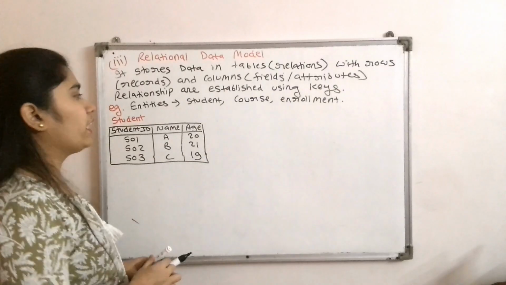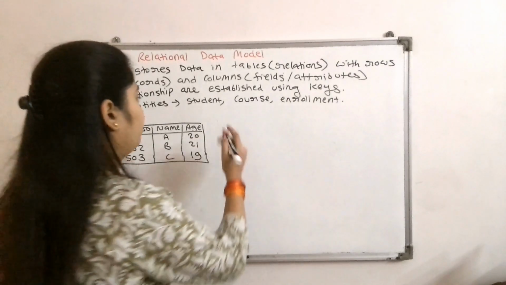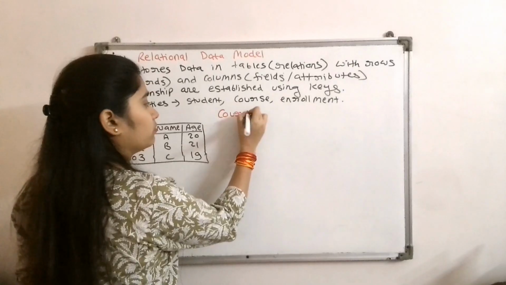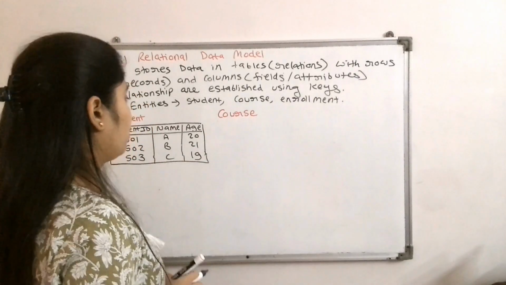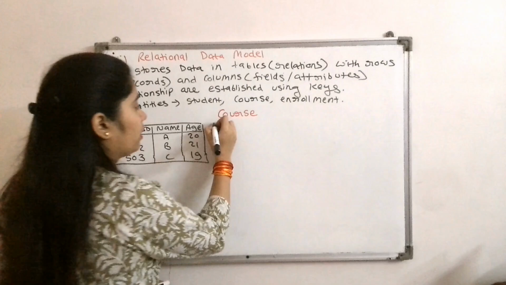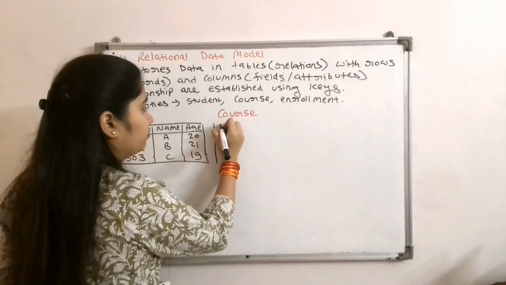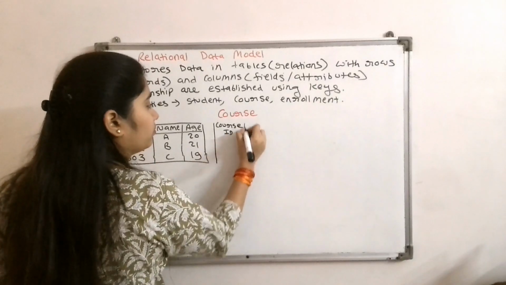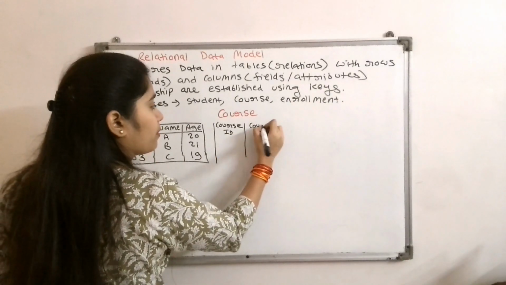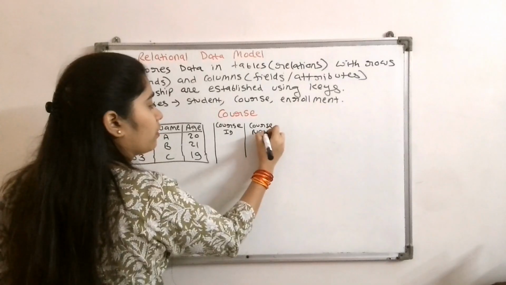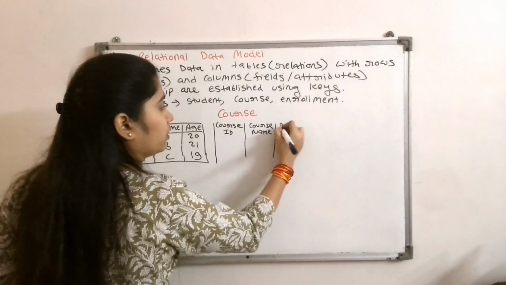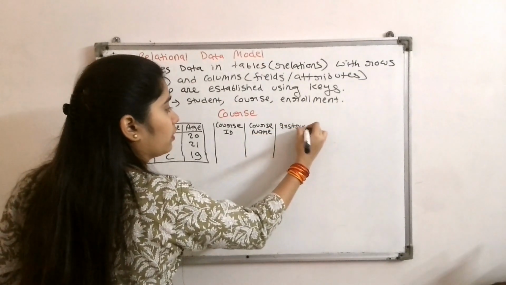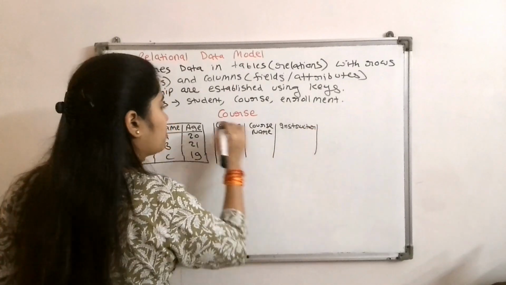Now we will make the second table of the course. In course, we have the attributes course ID, course name, and instructor.